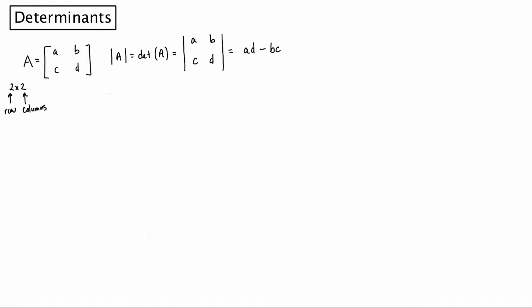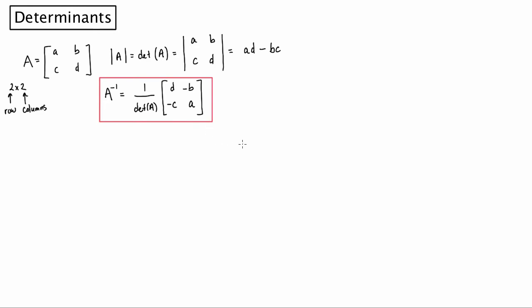One of the biggest reasons is that when you start to look at the inverse of a matrix, the inverse of the matrix A is defined as 1 over the determinant of A times a new matrix where I have flipped the main diagonal, so A and D switch places, and then you negate the off diagonal. So I take the opposite of B and the opposite of C. And so this is a formula for the inverse of a matrix, which will be handy for us.